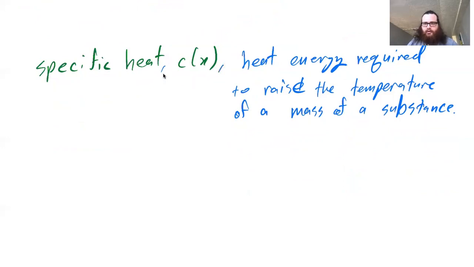Different materials require different amounts of heat to raise the temperature. Solids, as an initial example, require different amounts of energy than liquids might, just because of properties of the materials.